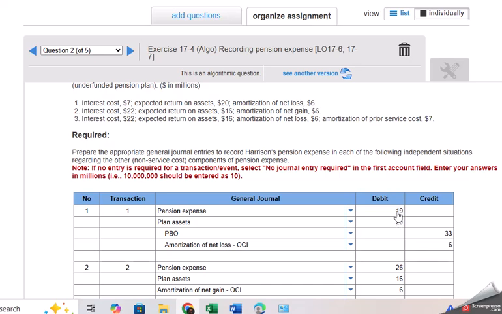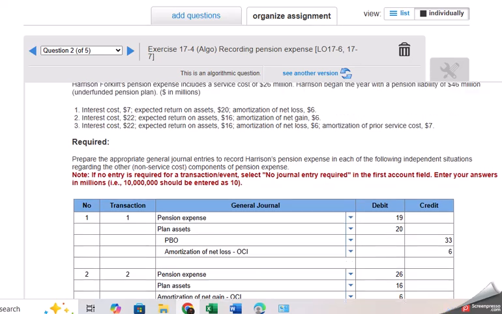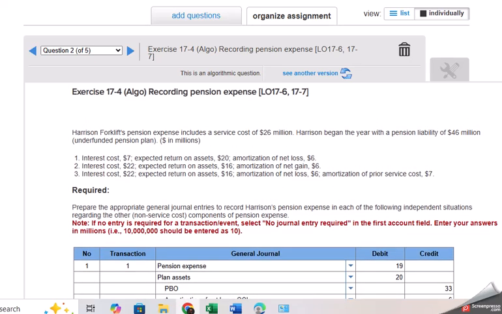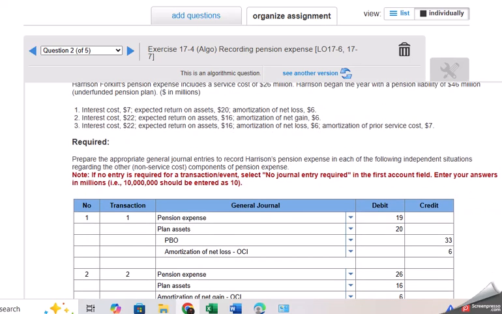let's leave the pension expense as our plug number, or you could calculate it ahead of time. Our plan assets are going to increase by that return on assets. That's money that we made in the investments. It increases our plan assets, so we debit that. The pension benefit obligation is going to be increased, and because it's a liability, we credit it. And it's going to be the 26 million and then the 7 million in interest costs.